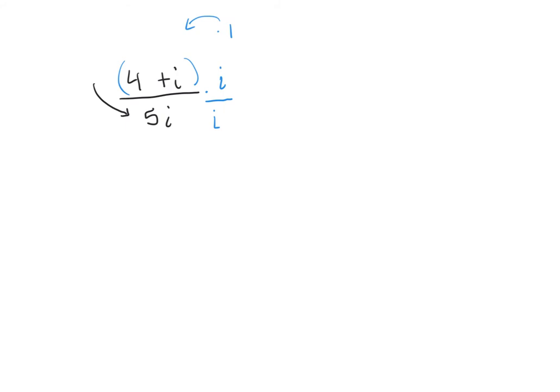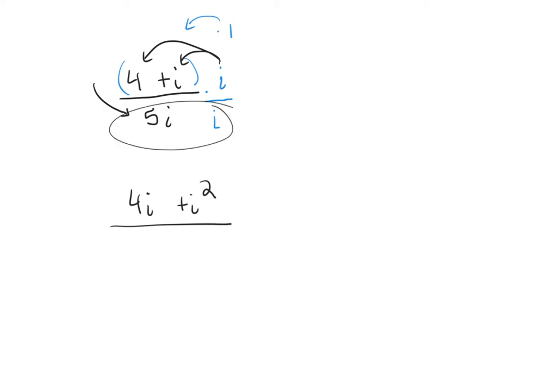We're just going to change how it looks. We're just manipulating it. So on the top, I'm going to distribute the i, so it's 4i, and then i times i is i squared. And then my denominator, multiply here, so that's 5i squared. Okay, let's see, this i squared turns into a negative 1, and the denominator is 5 times negative 1.